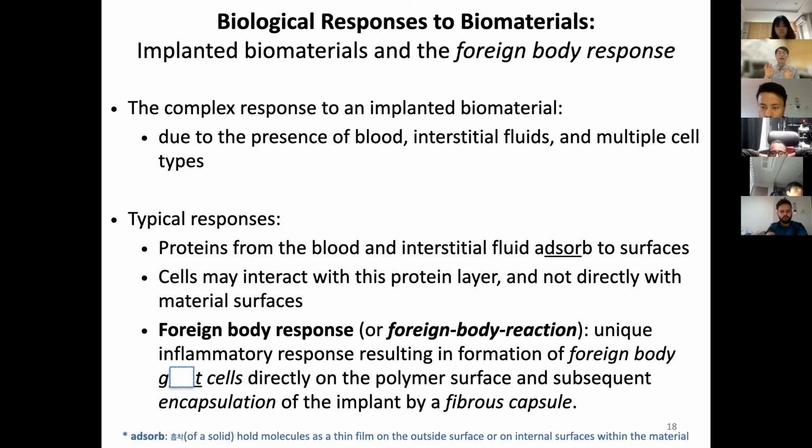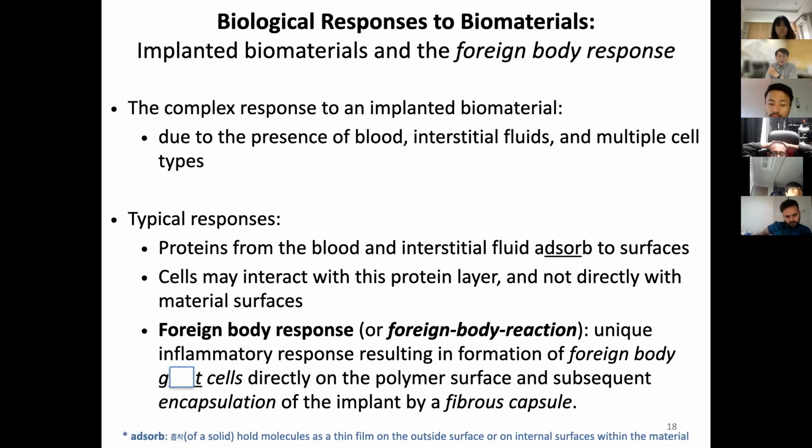And the cells may interact with this protein layer and not directly with the material surface. So the response is a little bit more consistent. And that we typically call foreign body response or foreign body reaction, or FBR. This is a unique inflammatory response, and that will result in the formation of foreign body.